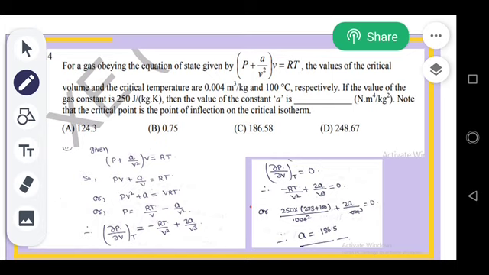It is given here that the critical point is the point of inflection on the critical isotherm, but you already know that. The critical isotherm is the one passing through the critical point, where the curve changes its slope, and that is called the point of inflection.